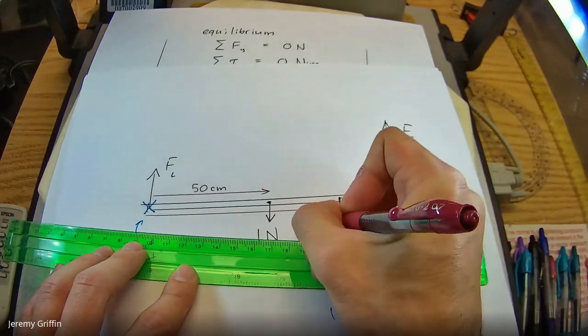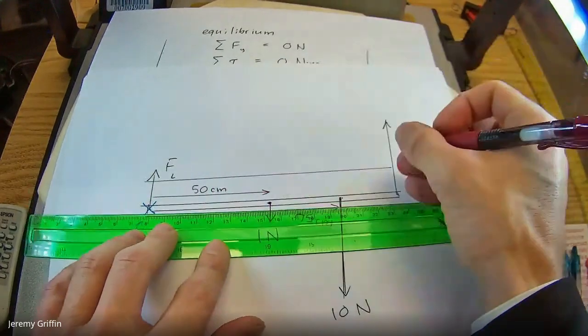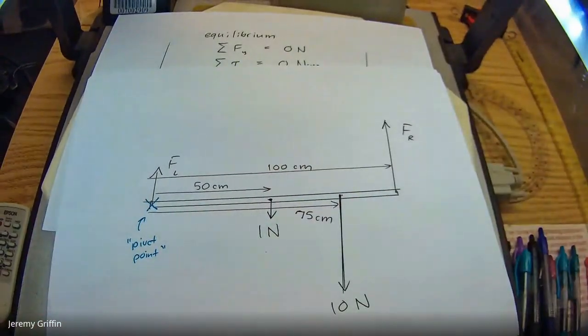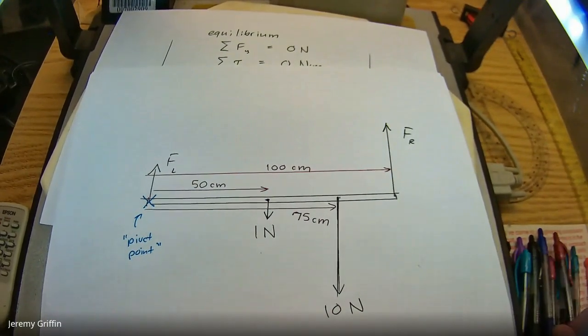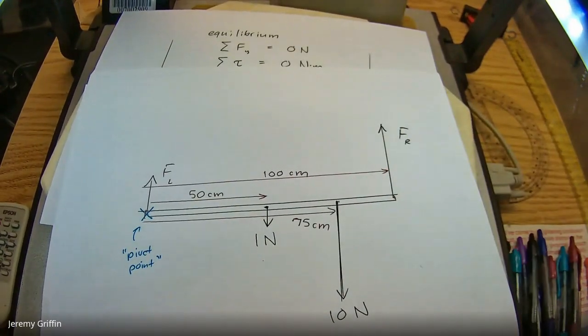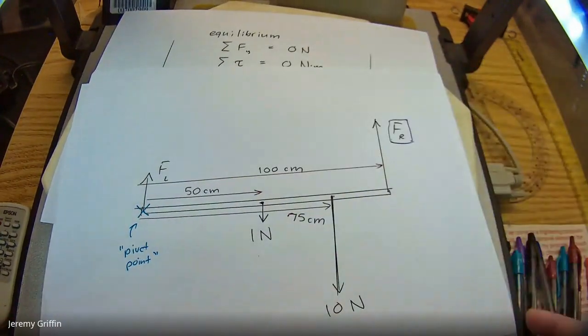And then, of course, the high tension string on the right side is all the way over at 100 centimeters. You see that? Relative to this arbitrary pivot point. Although it's not completely arbitrary. I picked it so that the torque from the left force would zero out. That's why I picked that point. So we're really going to solve for this, and then we'll figure out F left later.